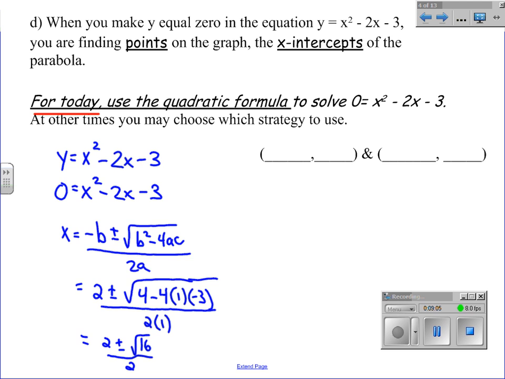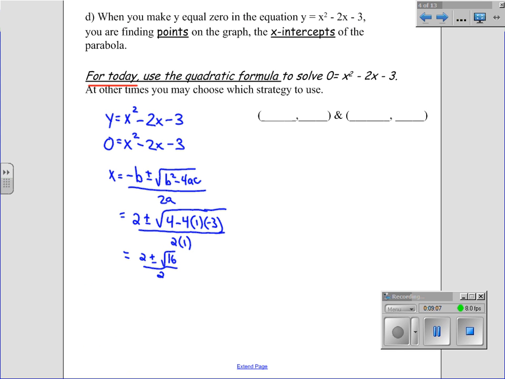This can simplify to 2 plus or minus 4 over 2. Which means I get 2 plus 4 is 6 over 2 is one of my answers. And 2 minus 4 is negative 2 over 2 as my other one.